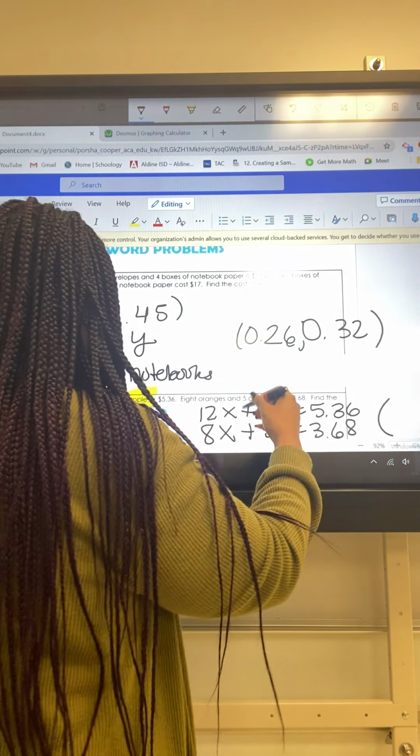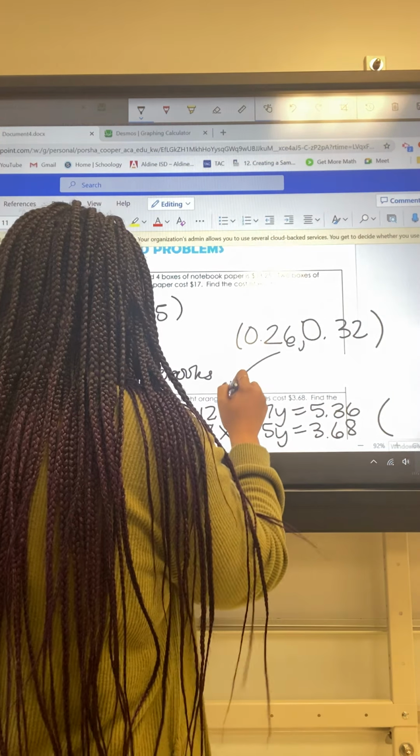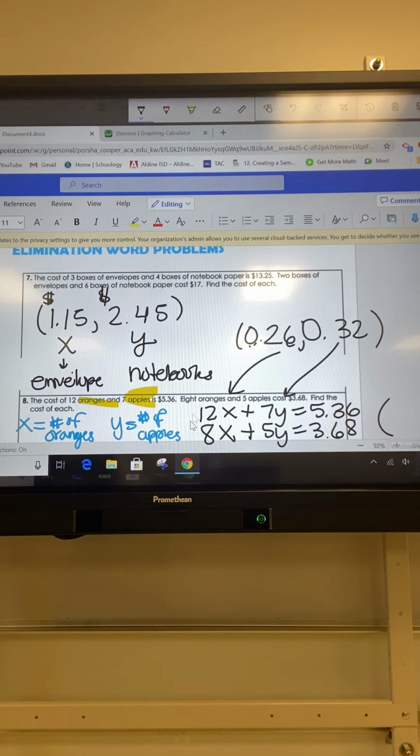So that should be the answers for down here. So this is your x and this is your y. So this tells me that an orange is going to cost 26 cents and an apple is going to cost 32 cents. Okay? All right, so you want to make sure that you are able to write an equation, and then you can use one of the methods we saw above, or you can use Desmos to help you to find the solution. Okay?